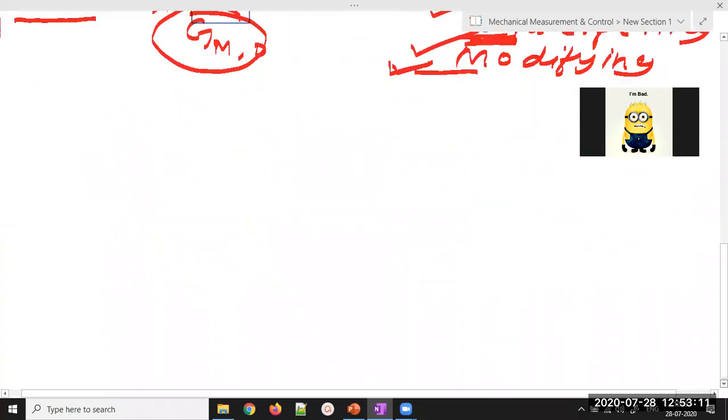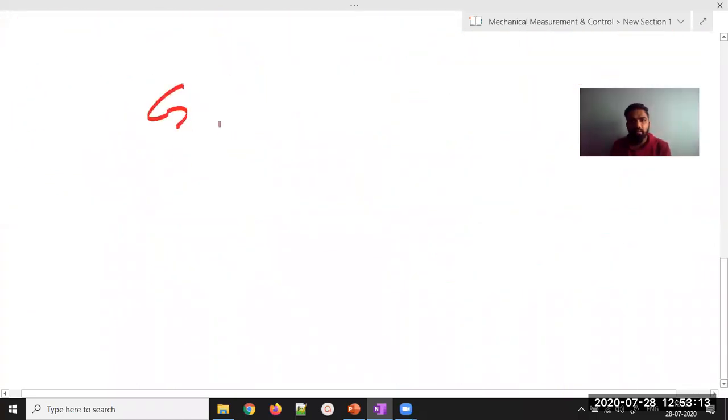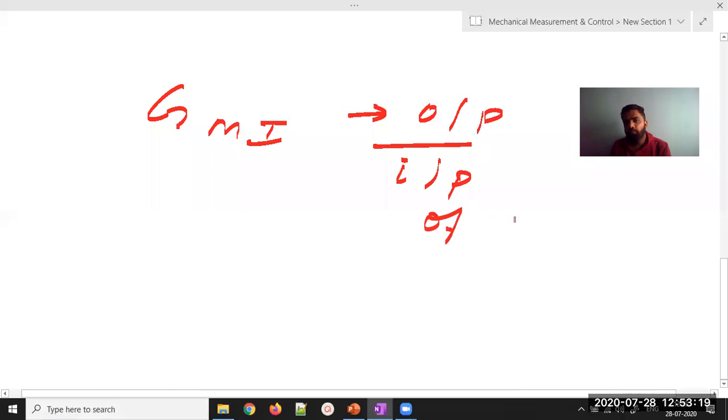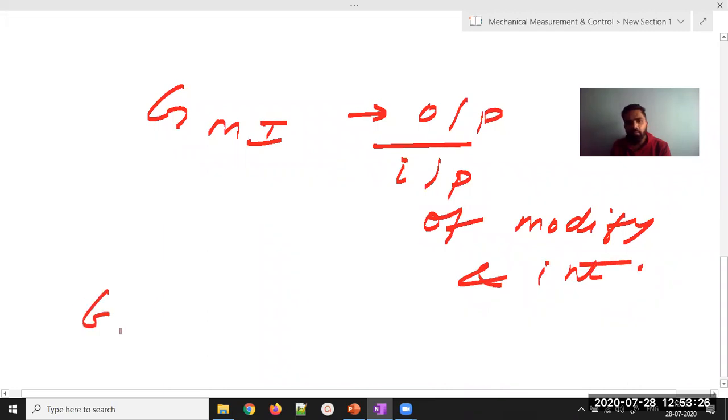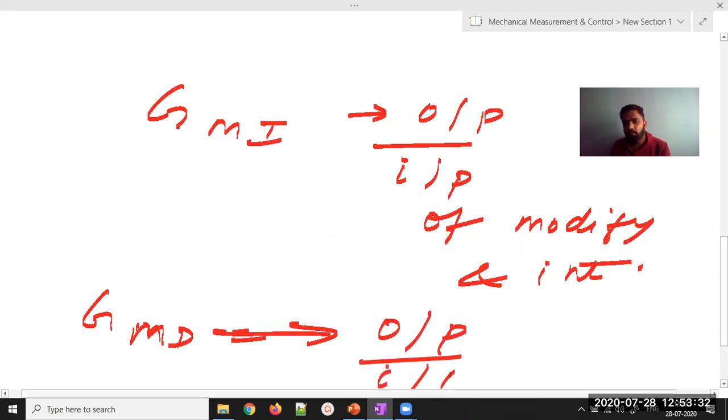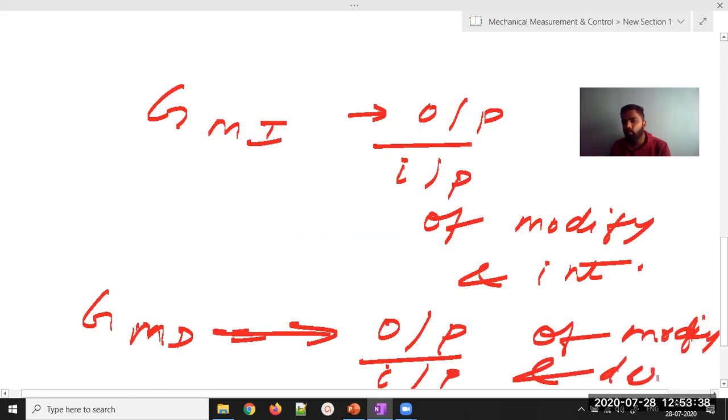This transfer function is output to input of modifying and interfering, and this one is output to input of modifying and desired. You will get to know it clearly once we go into detail.